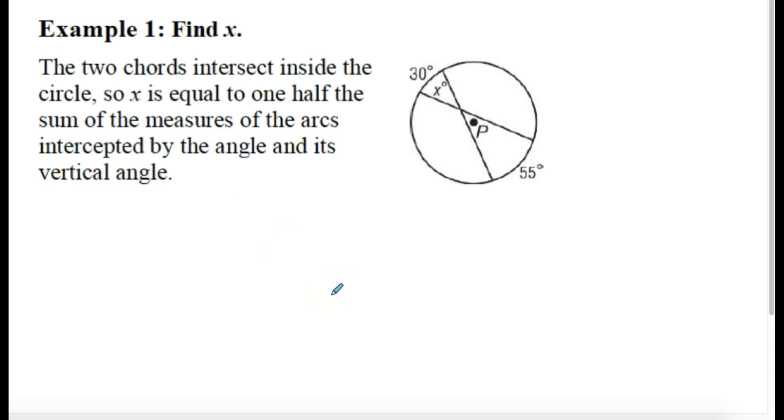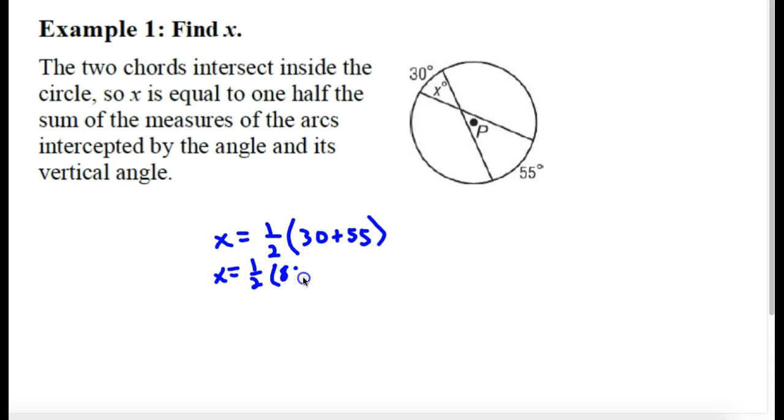In this first example, we've got 2 chords intersecting on the inside of the circle. So this angle is just equal to 1/2 the sum of these 2 arcs. So we can say x is equal to 1/2 times 30 plus 55. 30 plus 55 is going to be 85.